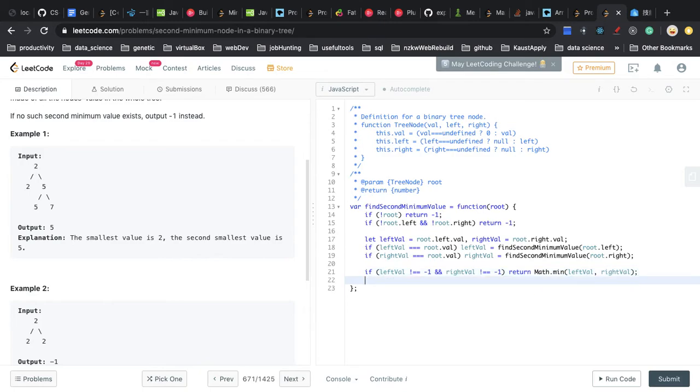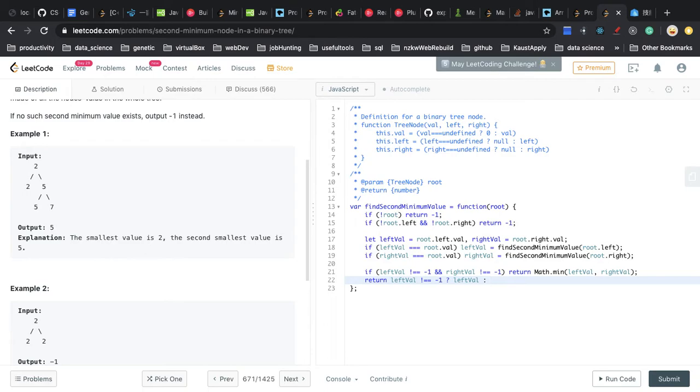Another case is that one of the left value and the right value equals -1, which means we only return the one value, because for the other, the whole path we have visited is the same as the root value. Therefore, it's not the value we want. So I will use a lambda expression. If left value does not equal -1, I will just return left value.